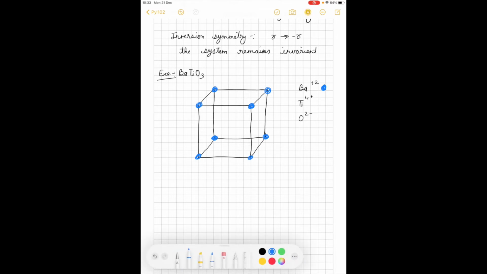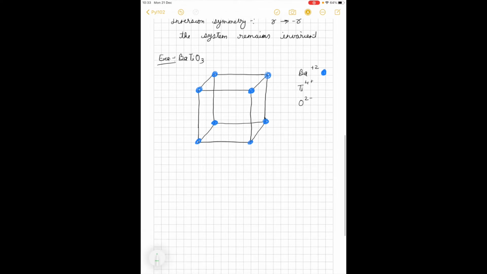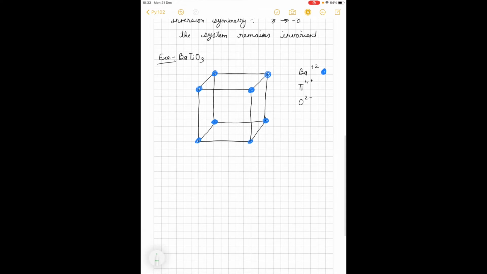Then let me draw the oxygen atoms, which sit in the face center. So the face center would be here. The oxygen is with green. Here, this face, the bottom one, the left one.